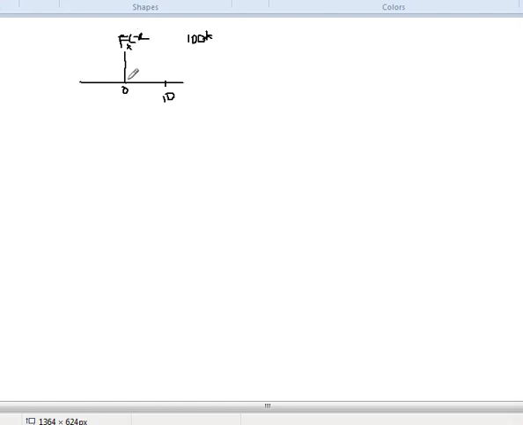It is 0, and it has some distribution whose nature we don't know, and here it is 100k. K has to be a constant.